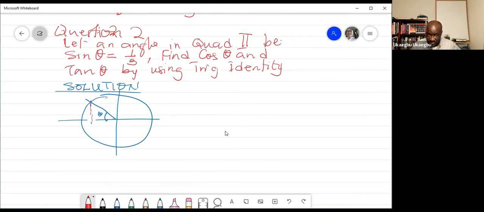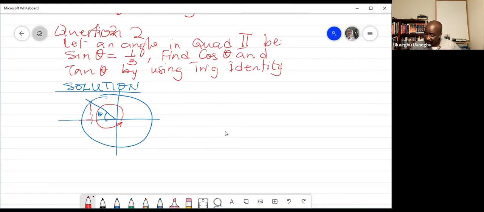However, it's not really necessary to worry about that because they have given you the angle itself, and they have told you where it is located. So normally angle goes like this, and it comes back anti-clockwise. Okay, thank you.